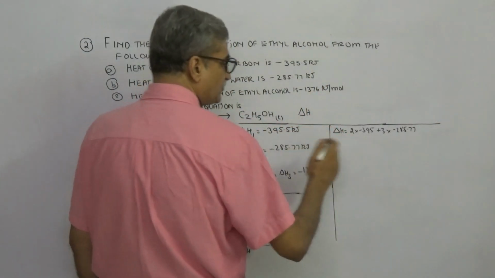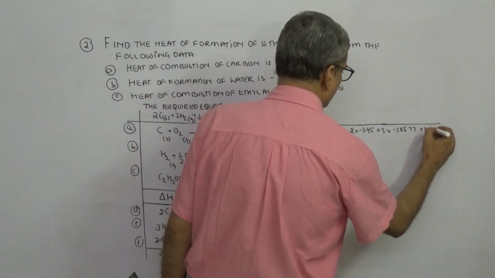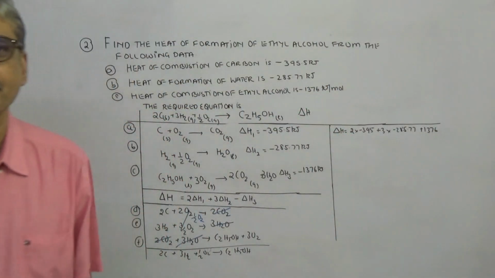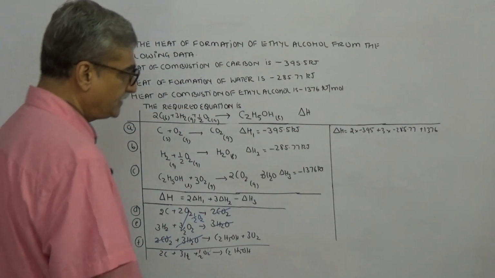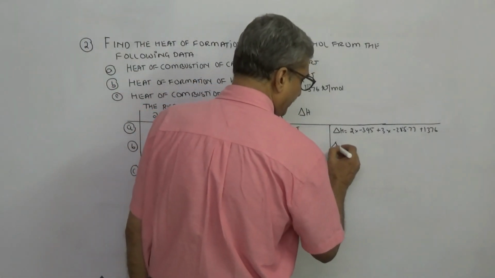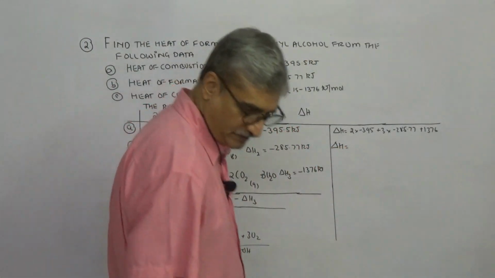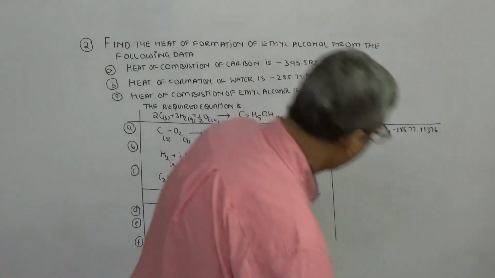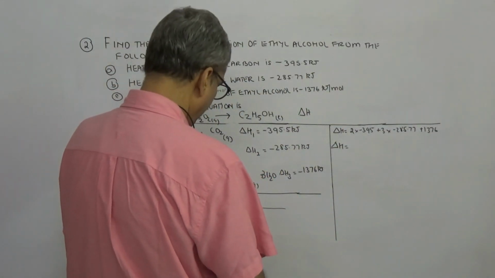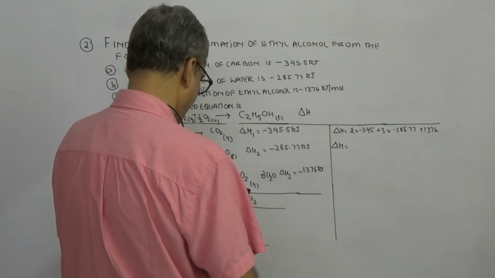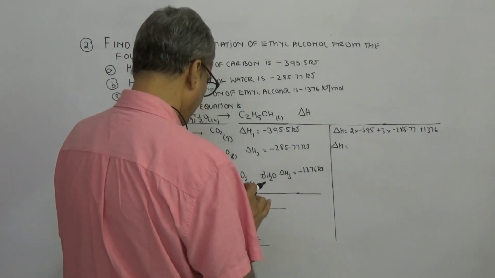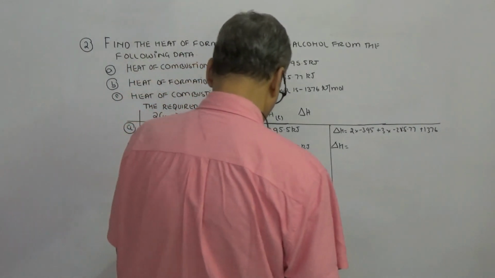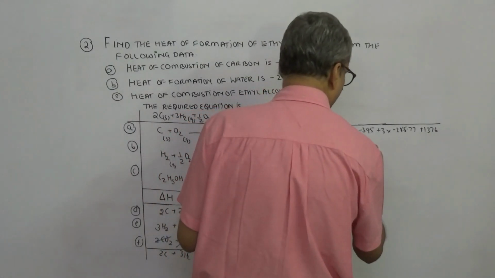And this minus 1376 will become plus 1376. So therefore your delta H will be equal to what? 395 into 2. So that is minus 790.